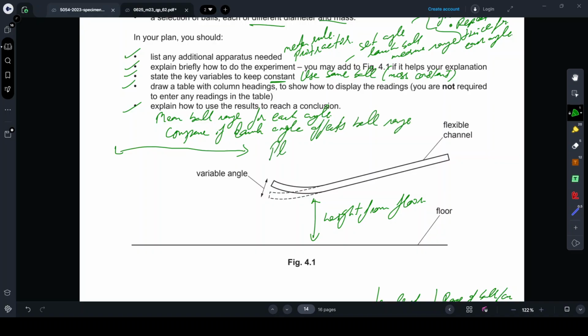You can possibly plot a graph of launch angle. The independent variable, the stuff that you're changing, is always on the x-axis, versus ball range. So launch angle per degree and ball range per centimeter on the y-axis.